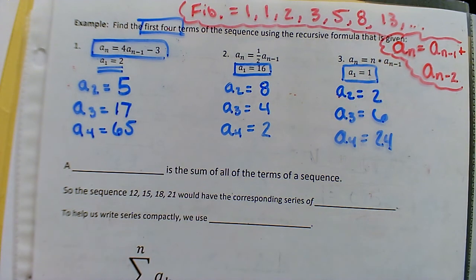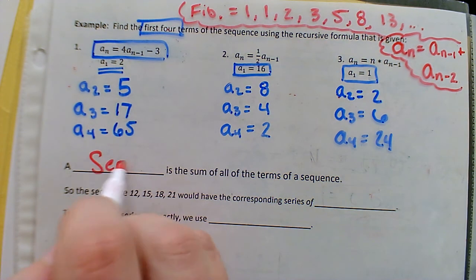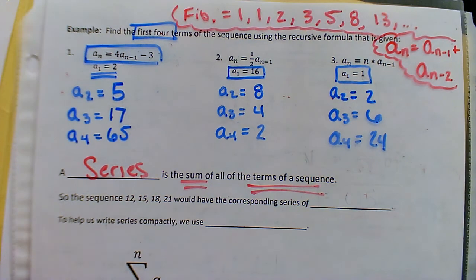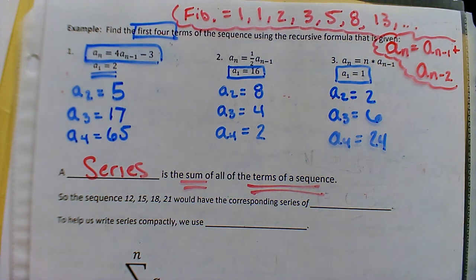Okay, so a sequence is just a list of numbers separated by commas. A series, on the other hand, is the sum of all the terms in the sequence. So no longer are they separated by commas. What are they now separated by? Addition, right?